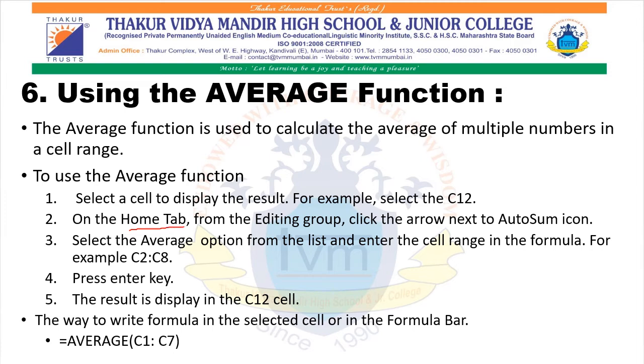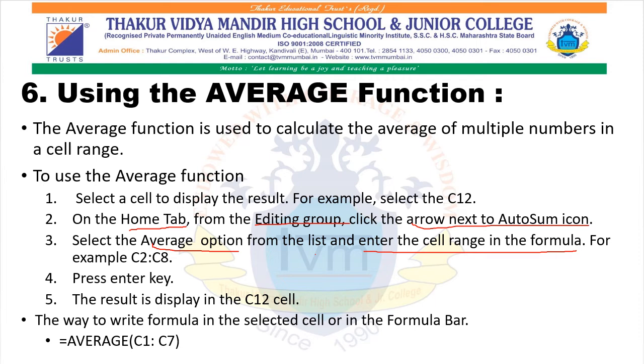The min function is always applicable on number data. So if it is a combination of text and numbers, the min function will first find all the numbers and from those numbers it will display the minimum value.